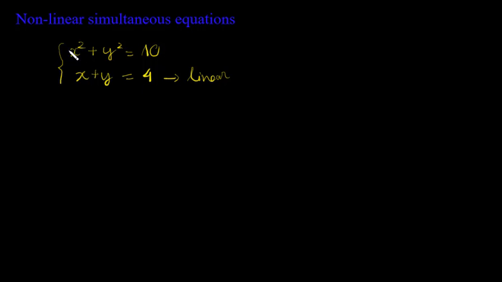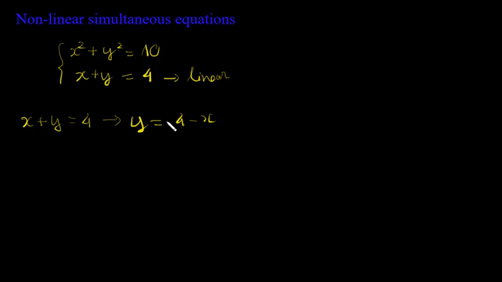How can we solve this one? For this type of question, we use the linear equation to change the whole thing into only x or only y. We have x plus y equal to 4, so now I want to change it to y equal to 4 minus x.